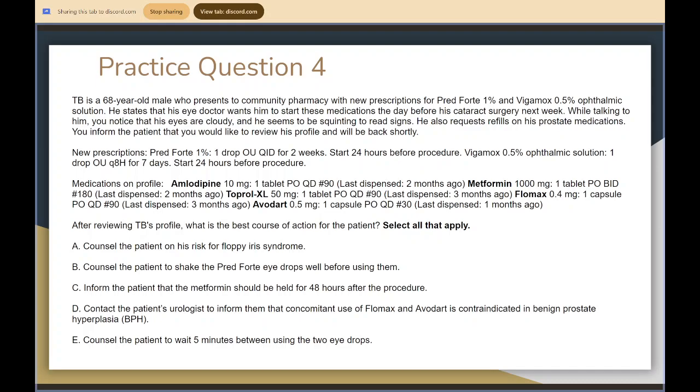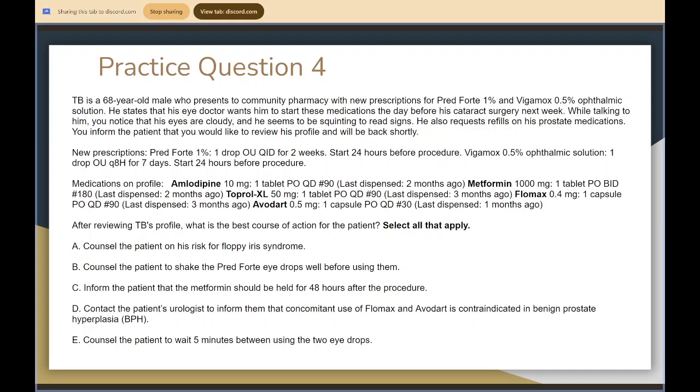He states that his eye doctor wants him to start these medications the day before his cataract surgery next week. While talking to him, you notice that his eyes are cloudy and he seems to be squinting to read signs. He also requests refills on his prostate medications. You inform the patient that you would like to review his profile and will be back shortly.